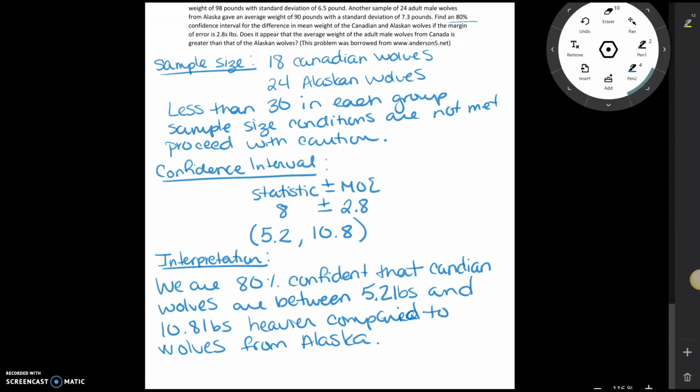And again, we do need to be somewhat skeptical of this result because the sample size conditions were not met.